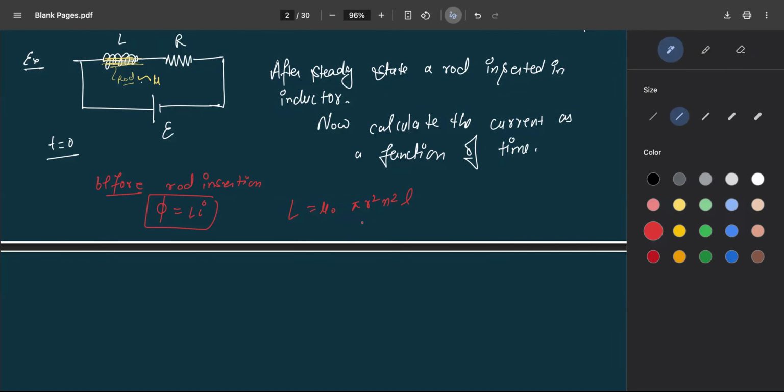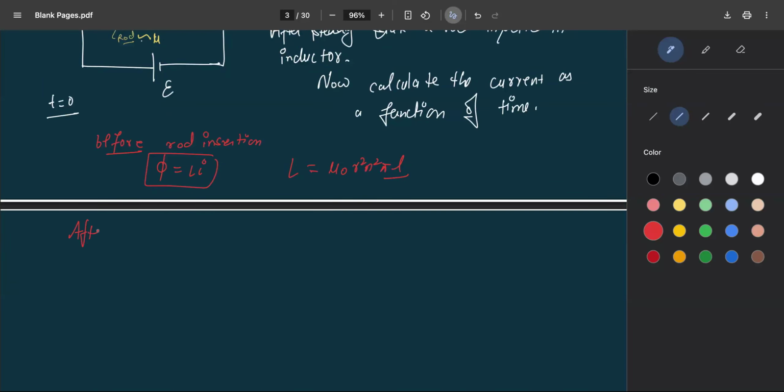Now over the moment you have inserted a rod of some mu r, this inductance changes because mu naught changes to mu naught times mu r. So L dash comes out as mu naught mu r r square n square pi L. After insertion, I told you the moment you change, flux is not going to change.